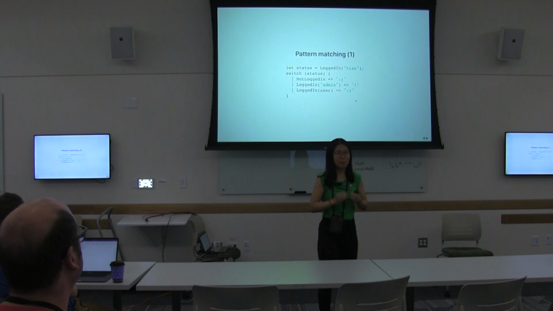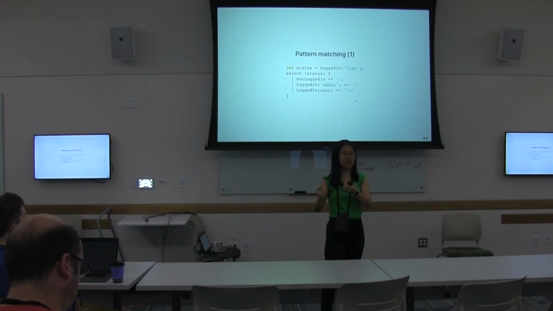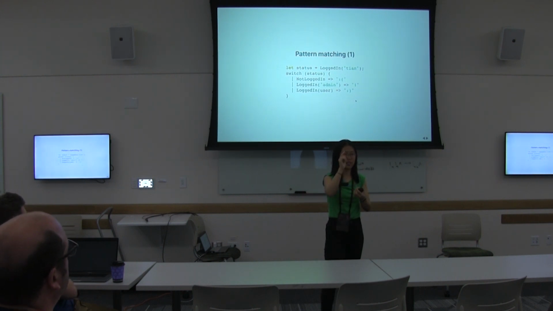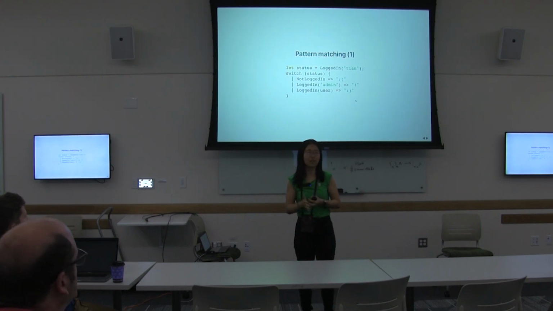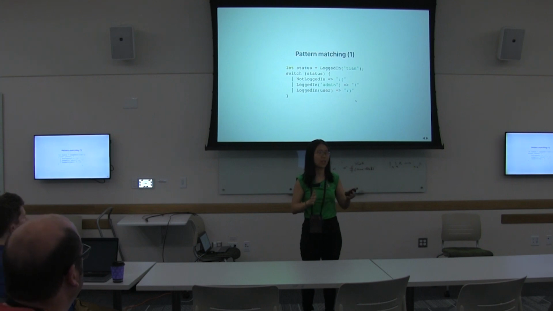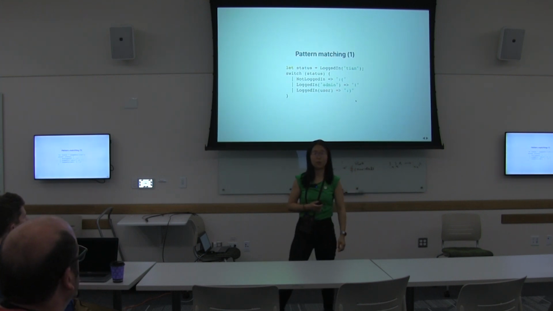Now, the great thing about this is that because the compiler knows all the different branches of the variant, then when it compiles, it will tell me if I've missed one of those variants. So I'm never going to get into a situation where I've failed to catch one of the possibilities that I've declared earlier. So that's really, really cool.